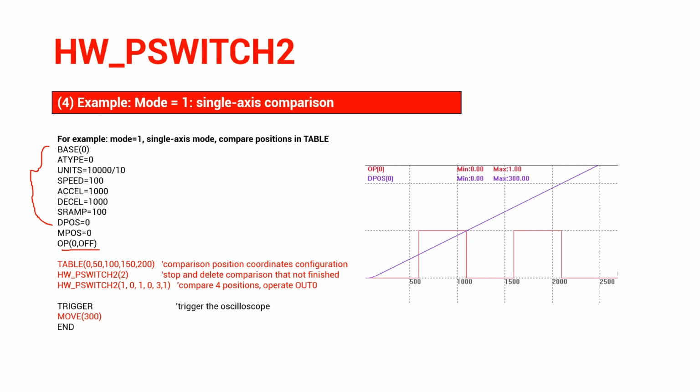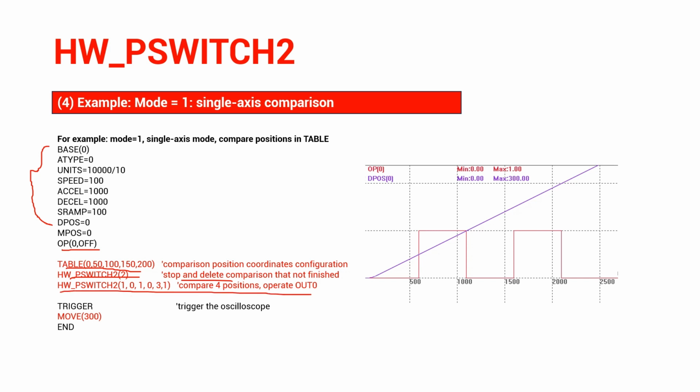Then, we save needed comparison points in table. Here, it saves starting from 0. And then, configure comparison. Use this command to stop or delete points that are not finished. Namely, clear it. Prepare for comparison.